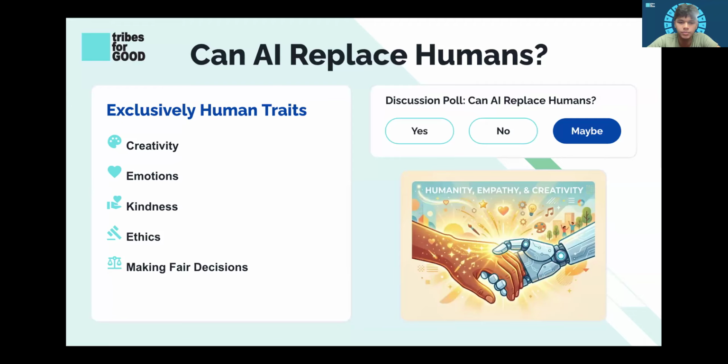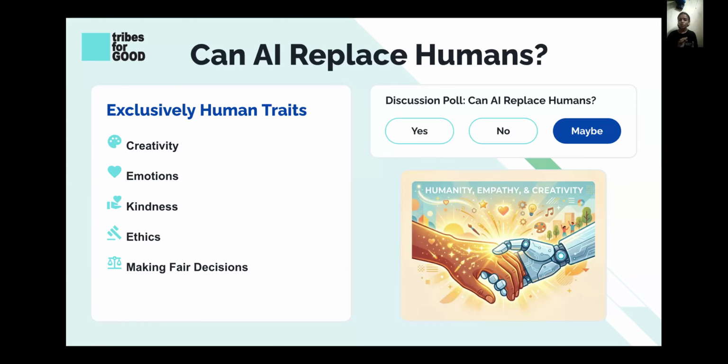I want any one person to come up and say whether they think it's yes, no, or maybe. Can I have one person to say that? Anyone? Don't be afraid. Okay, sweetie, yeah, please unmute yourself and tell me.